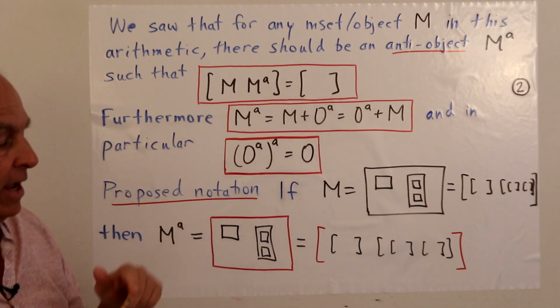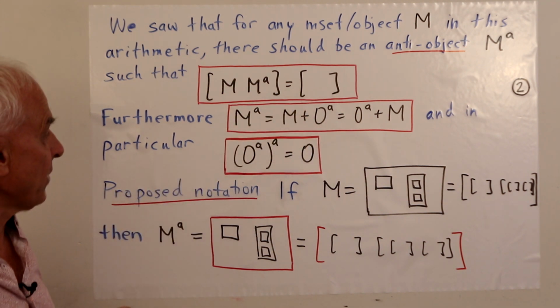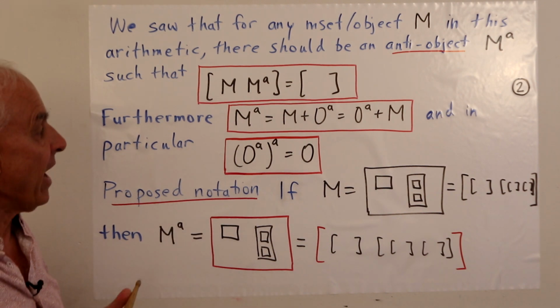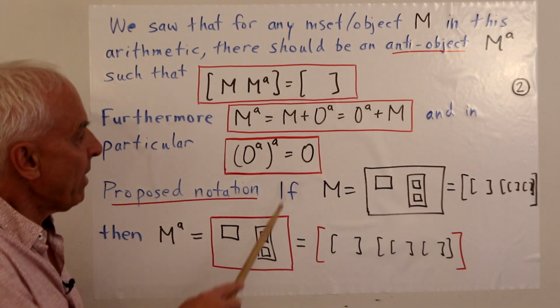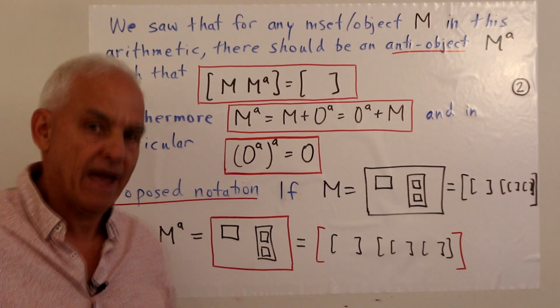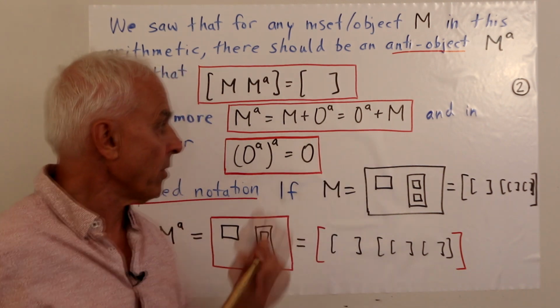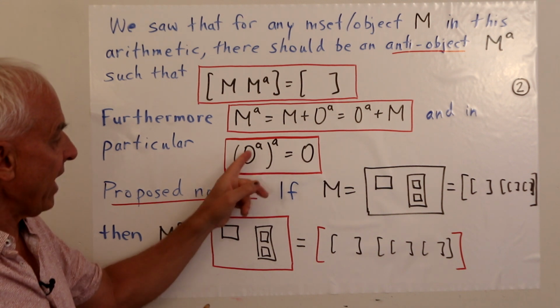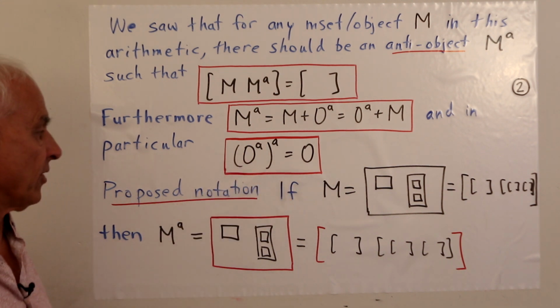And we just get an empty mset as a result. And we also saw that this anti-m can be evaluated by essentially adding the anti-zero to m in either order. And in particular, this shows that the anti of anti-0 is 0.